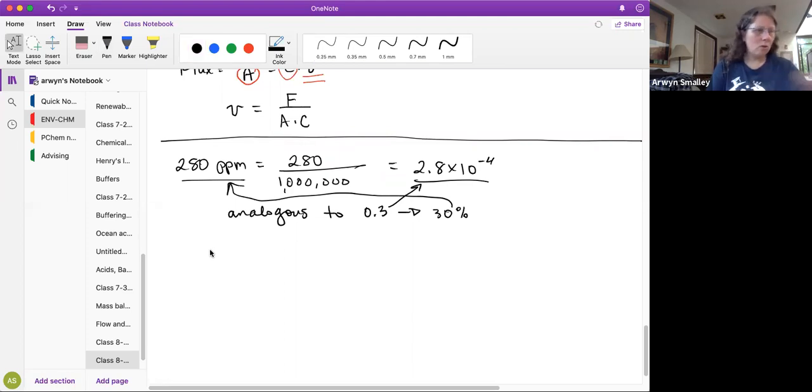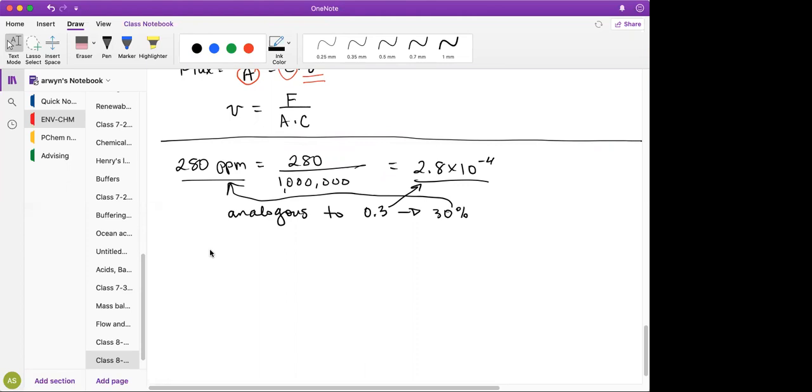Okay. So let's see. I was actually basing that off of one of the earlier videos, because I was feeling too lazy to do it again. So let me pull up that earlier video where I did it by hand. Yeah, it was under mass balance and flow, under aqueous examples.